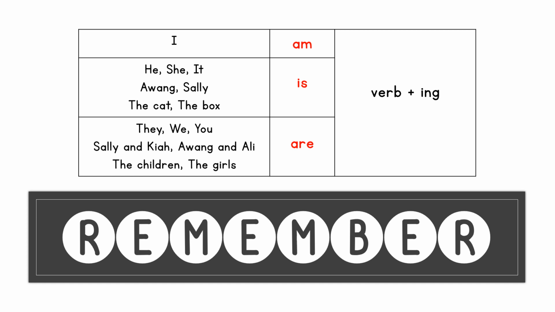Kemudian if there's more than one people or one thing, they, we, you, you seorang boleh, you ramai pun boleh. Special. Sally and Kia, Awang and Ali. The children, budak-budak tu, the girls. Okay, we use are, kemudian baru tambah verb dia plus tambah ing. Okay, buat ayat sekarang. Buat.